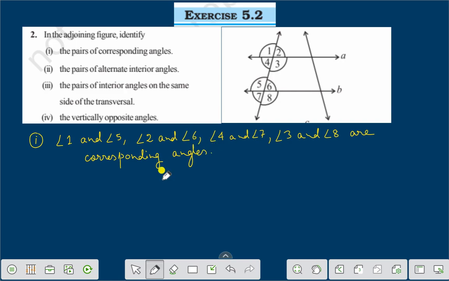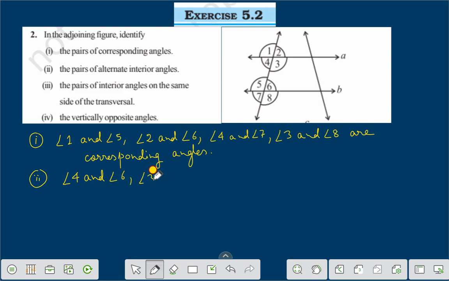Now question number 2. The pairs of alternate interior angles. That is angle 4 and angle 6, angle 3 and angle 5.